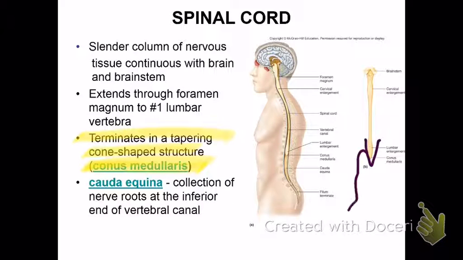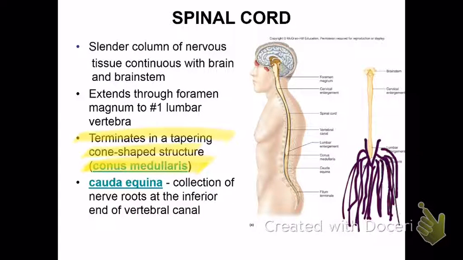Now after that, it's going to branch out like fibers, like a horse's tail, lots and lots and lots of nerve fibers, and that is the cauda equina. So you want to know that. Cauda equina is the collection of root fibers at the end. So the end is the conus medullaris, that's the terminates, end. The cauda equina, that's the fibers.